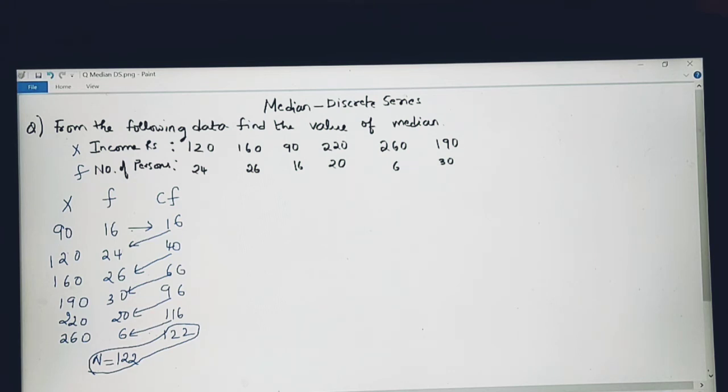Now let's look at the formula application. M equal to size of (n plus 1) by 2th item.